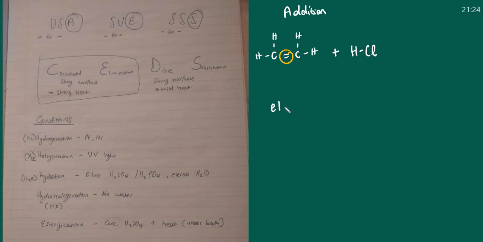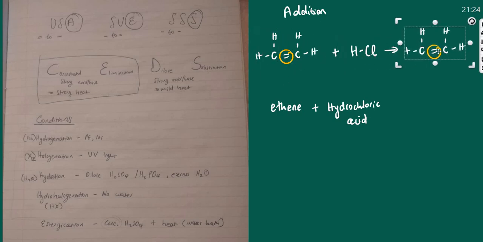I'm combining ethene, and then I'm putting it inside of hydrochloric acid. What is going to happen? The double bond will break.